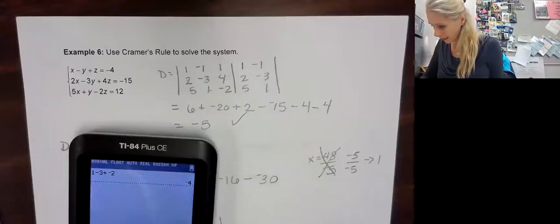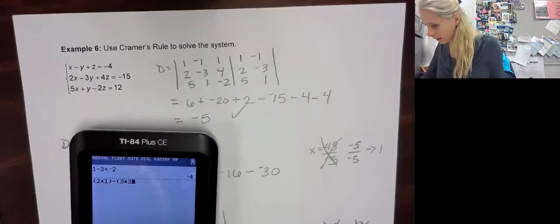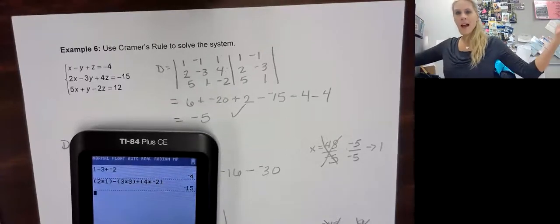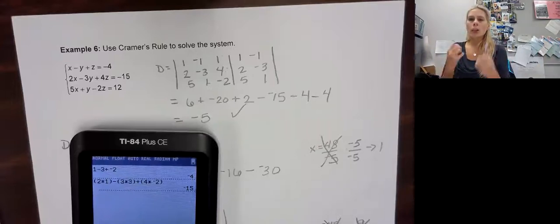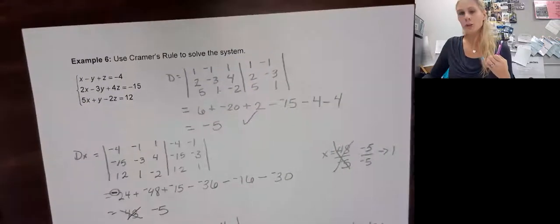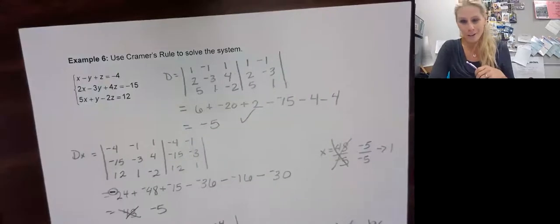I can do that with the second row and say, okay, 2 times 1 minus 3 times 3 plus 4 times negative 2. Hopefully that gives me negative 15, and it does. So checking your work helps you go back to know if you made a mistake or not. Okay, guys? And if your question says use Cramer's rule, you're going to have to use your determinants to be able to do that. Sorry for the mistakes, guys.